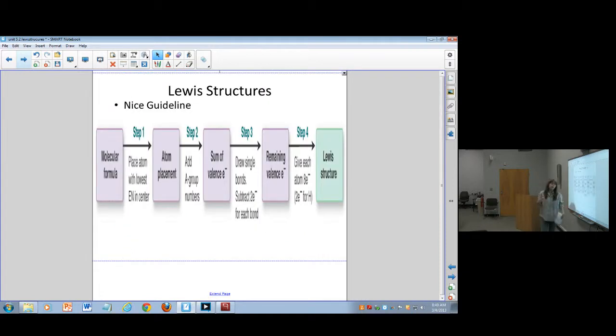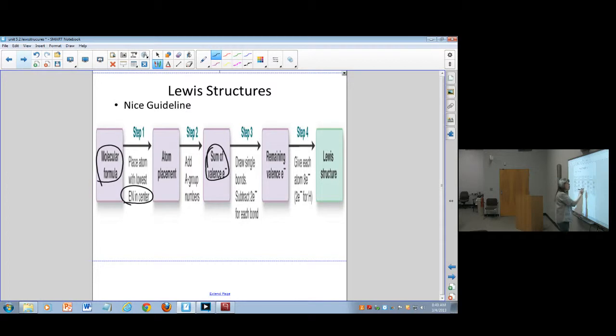All right, then we're going to take our formula that we're given, and we're going to determine, first of all, what the least electronegative atom is, because that's what we're going to put in the center. We're going to count valence electrons, so we're going to count up all of the valence electrons in the entire structure.